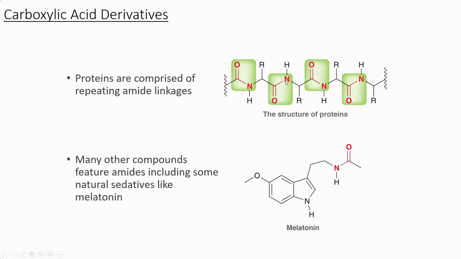Proteins are comprised of repeating amide linkages, and so this builds many of the biological structures through these amide linkages and the folding of proteins. This hormone melatonin also contains an amide, and there are many natural products that contain both the amide and ester linkages, as well as carboxylic acids throughout them.